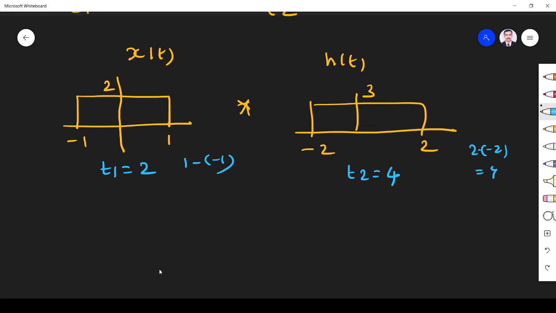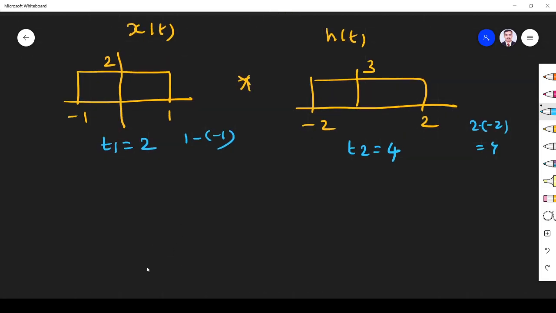As I told you, if you want to find the y of t value, what you have to do is add the starting points, minus 1 and minus 2. So we have to start from minus 3. From that we add t1: minus 3 plus 2 is minus 1. So this point will be minus 1.